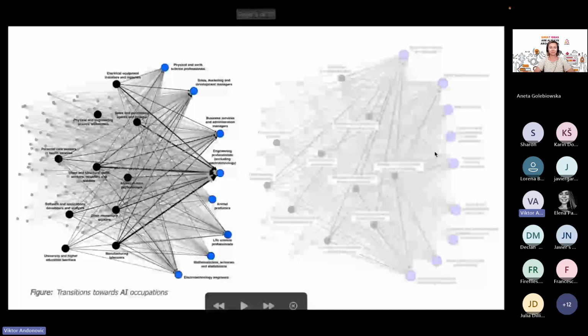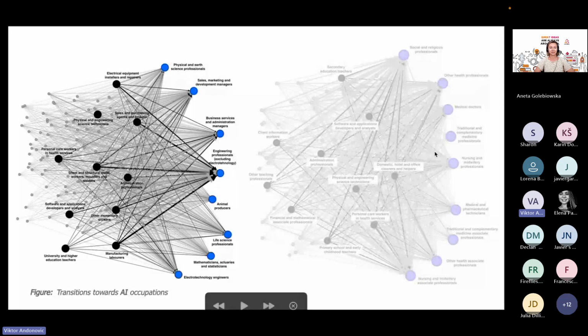To have a better look at this, we also took a snapshot of transitions towards AI occupations, and then of transitions towards healthcare occupations. These are the two graphs. On this graph you can see transitions towards AI occupations, colored in blue, which were chosen by an expert as the leading AI occupations, based on the international standard classification of occupations.